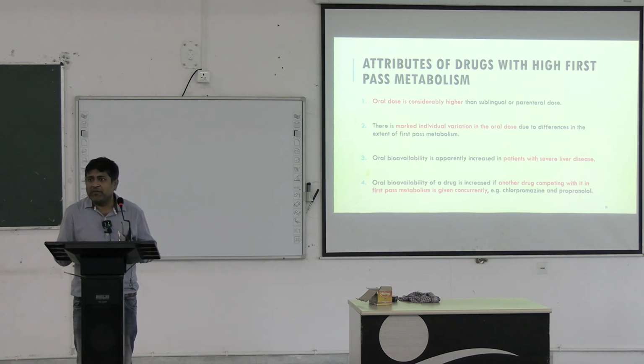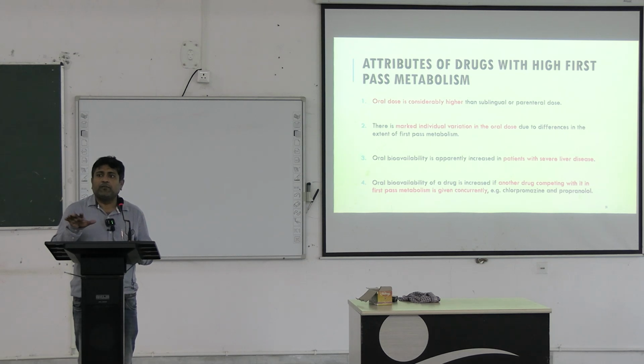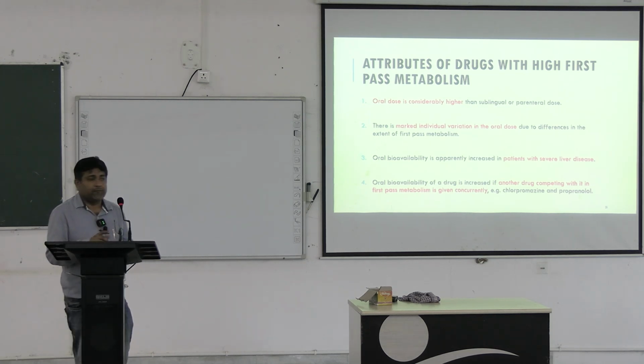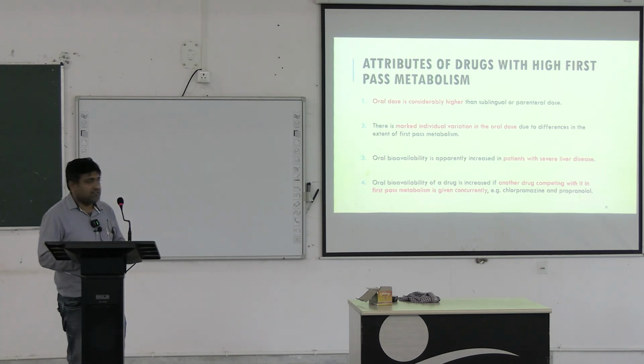Now, যেগুলো পেশেন্ট লিভার ডিজিজ দিয়ে সাফার করছে তাদের কিন্তু ফার্স্ট পাস মেটাবলিজম কমে যাবে, more and more drug will be available in the systemic circulation. So, oral bioavailability is apparently increased in patients with severe liver disease.